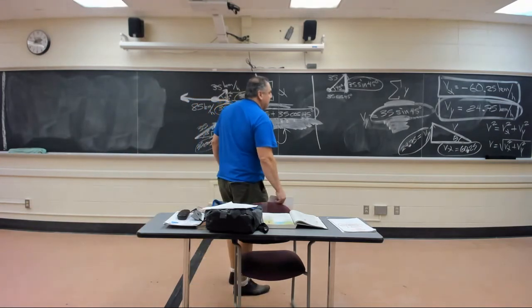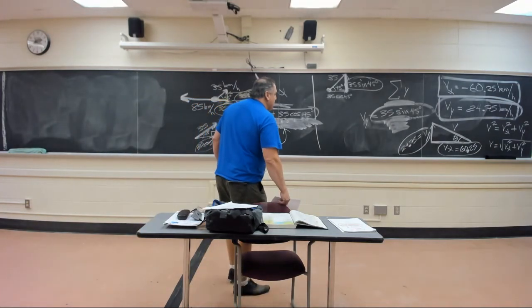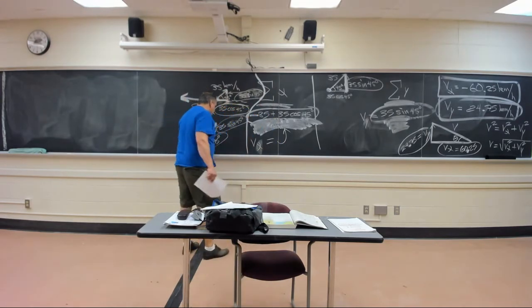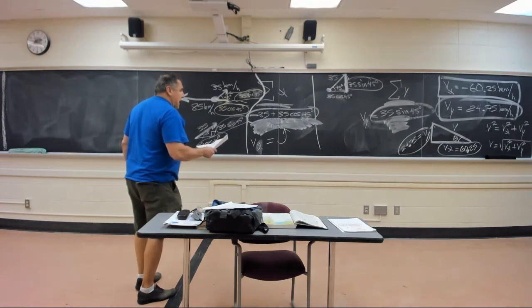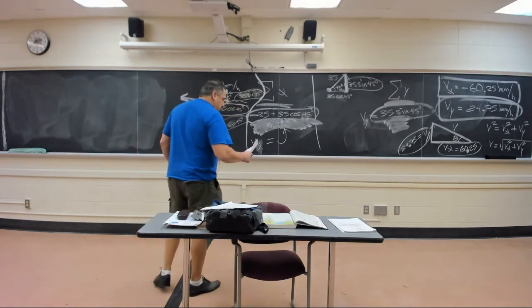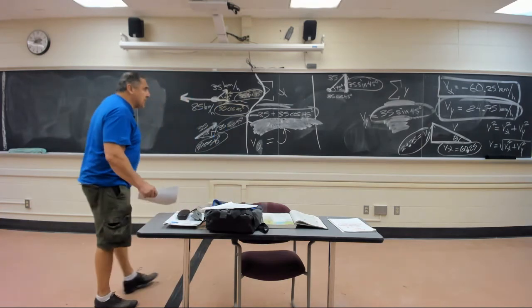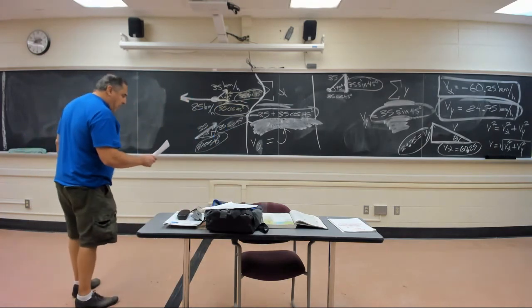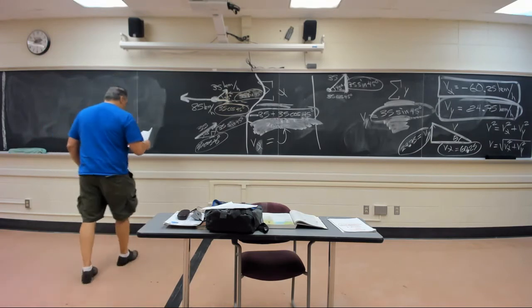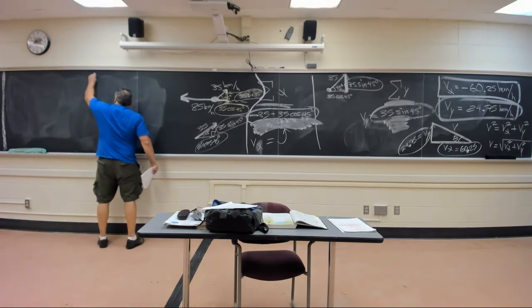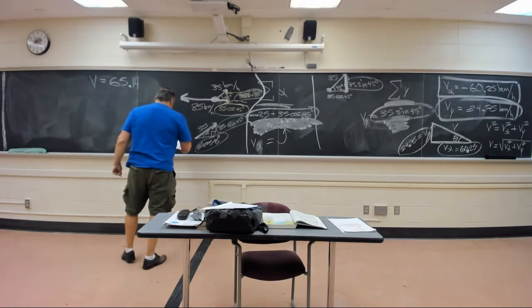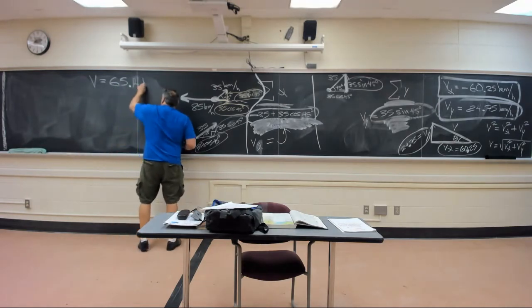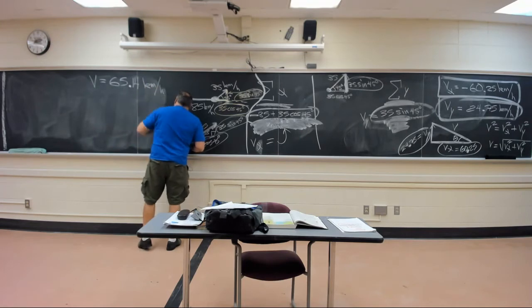When you do this, you do what we said, and we'll find out what the big V is. After you square one, square the other, add the squares together, and take the square root of that sum, you're going to get V is 65.14 kilometers per hour.